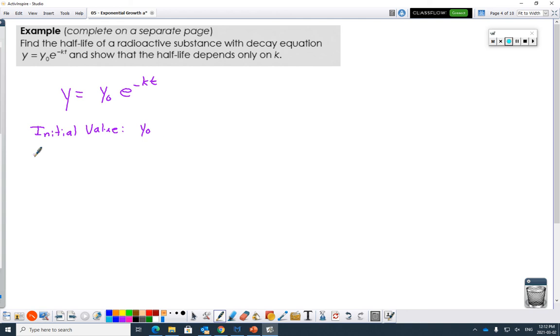So at the half-life, we'll have half of whatever it was. If it was 1,000, now I've got 500. If it was 10,000, now I've got 5,000. You just take that initial value and divide it by 2, which doesn't seem all that helpful.